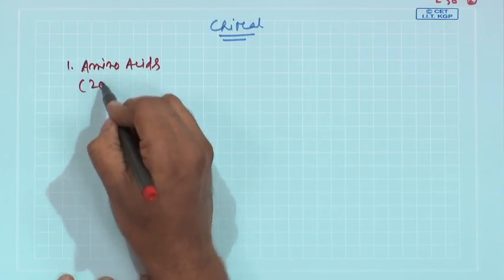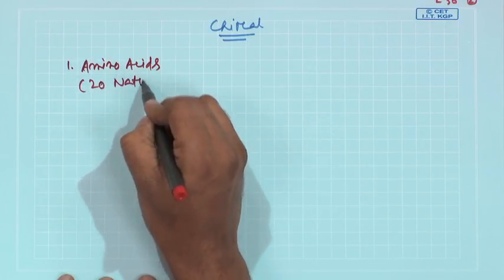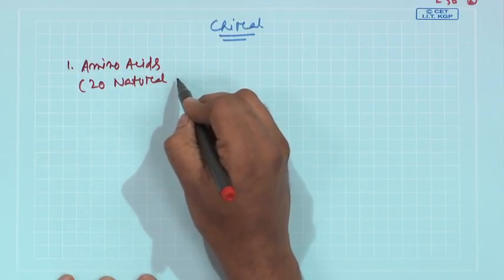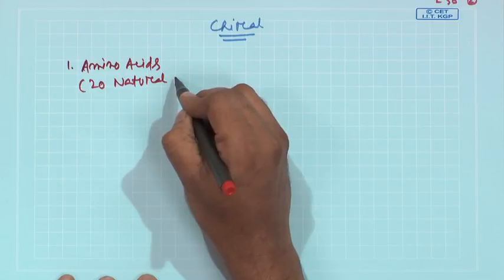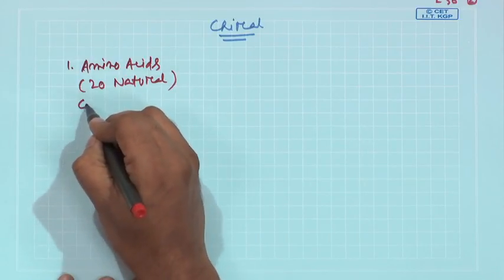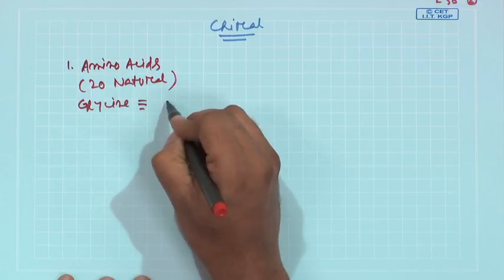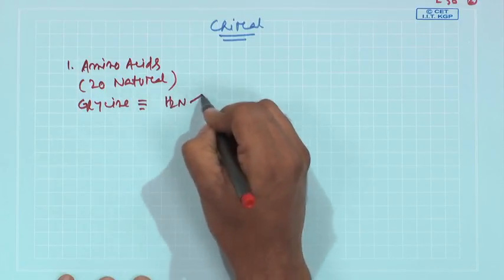There are 20 natural amino acids. Except glycine, all naturally occurring amino acids are chiral. Glycine has this structure.